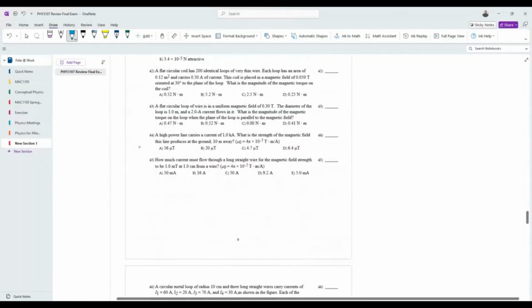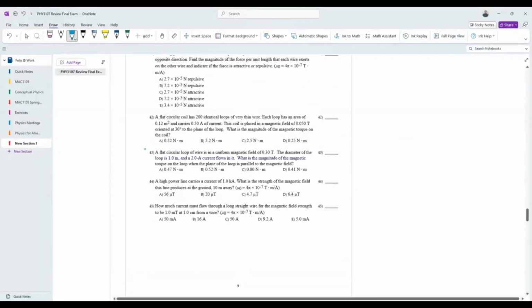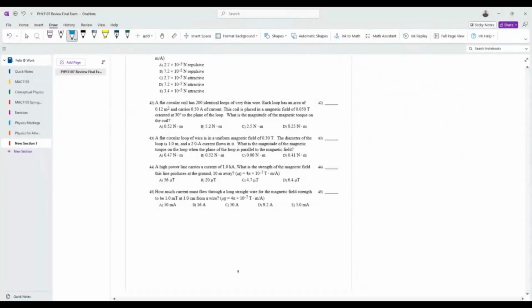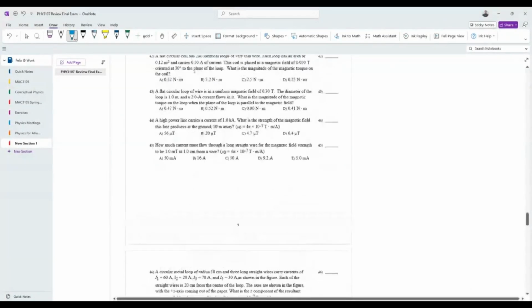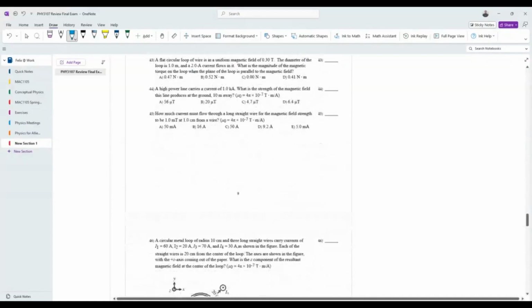So let's keep working on the solution of this exercise. Let's try to solve as many exercises as possible, right? So let's now go over exercise number 43. In this exercise number 43, they say that a flat circular loop of wire is in a uniform magnetic field of 0.3 Tesla.